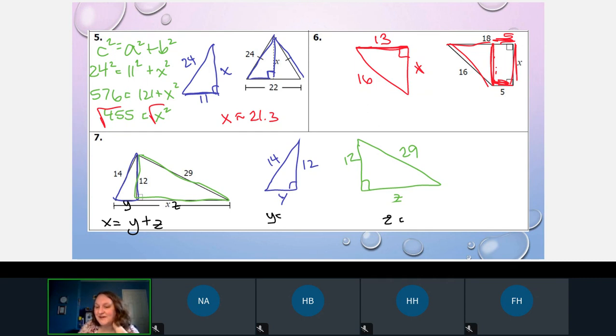Once you have your answer for y and z, you can go ahead and add them together to find the length of x. And then give me a green check mark to tell me you're ready to move on. Don't give me an X because I don't know what that means.